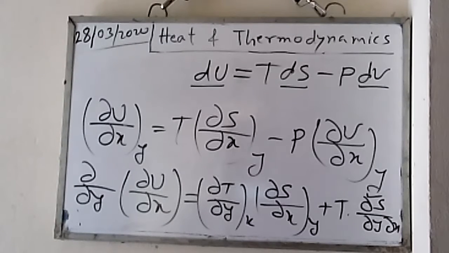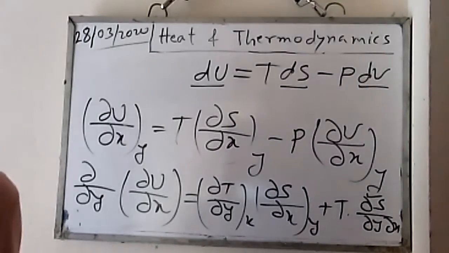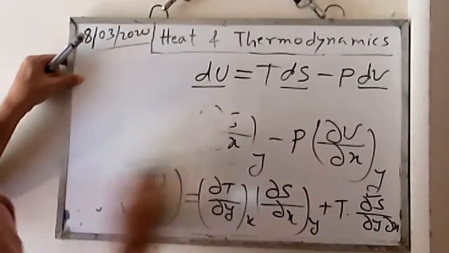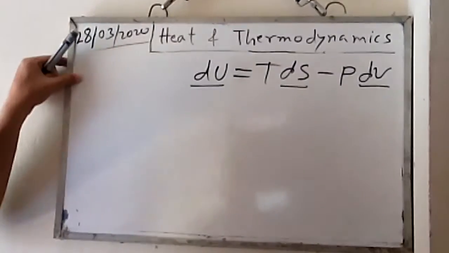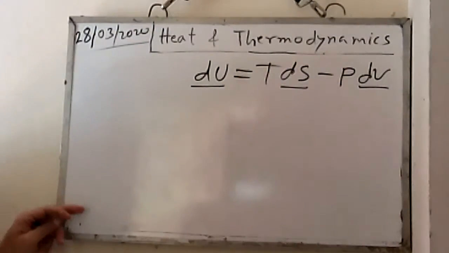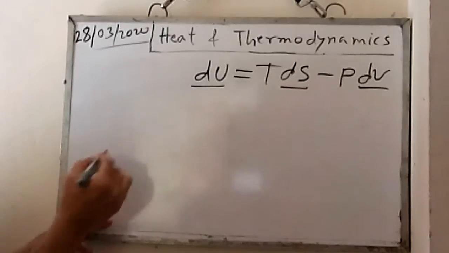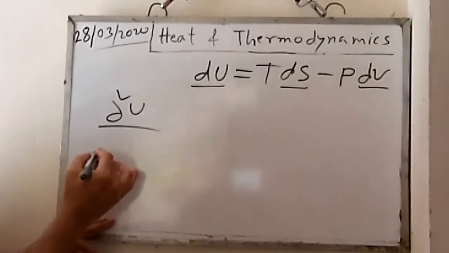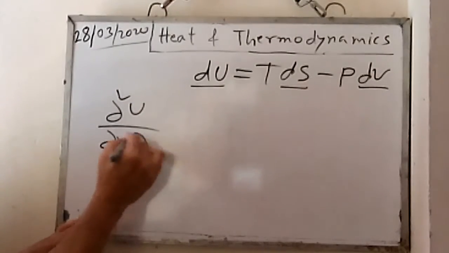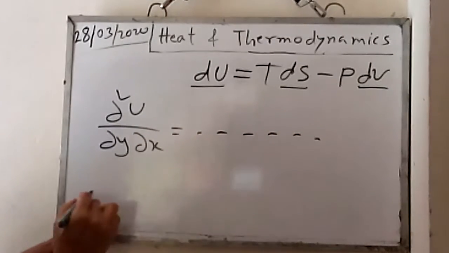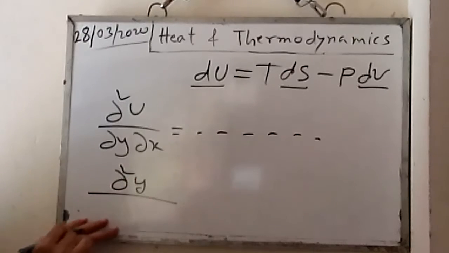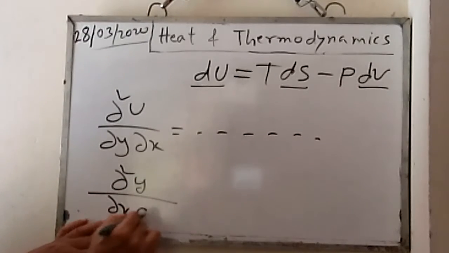And finally, del square U by del y del x equals del square U by del x del y.